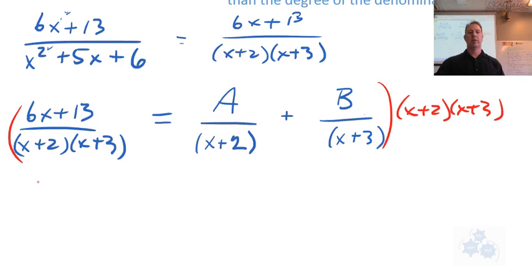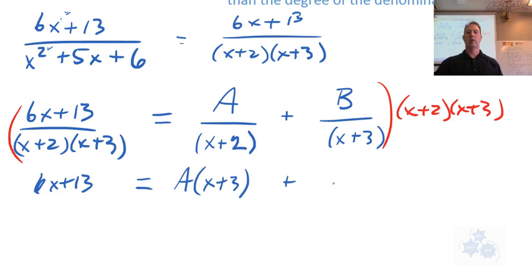That's going to give us 6x plus 13 equals a times x plus 3 plus b times x plus 2. Hopefully you'll see how some of these factors will divide out, and this will get rid of all the denominators. So there's no denominator left. That's what we want. All right, two unknowns instead of one. So this is a bit tricky.